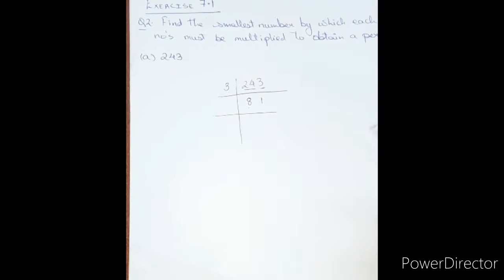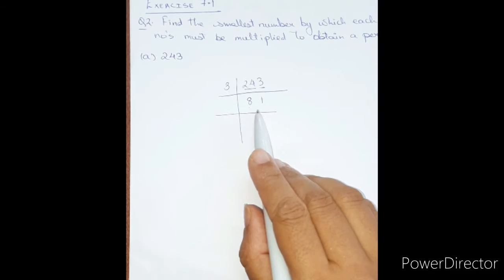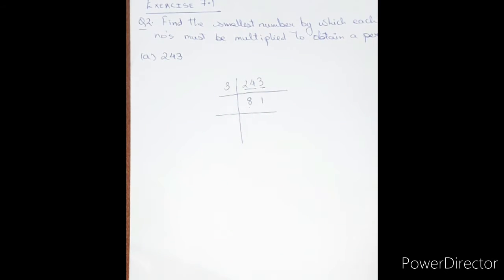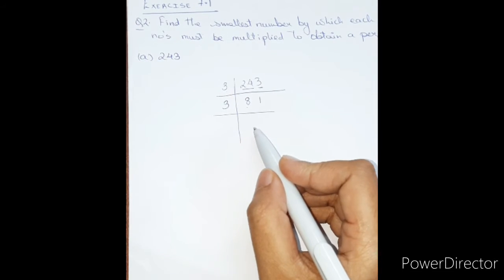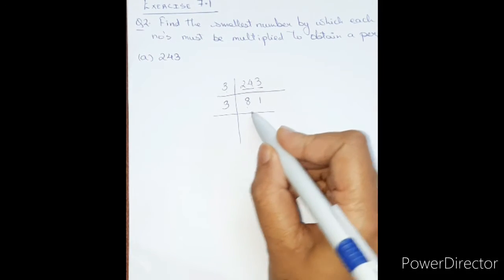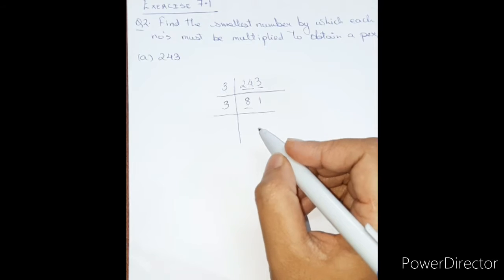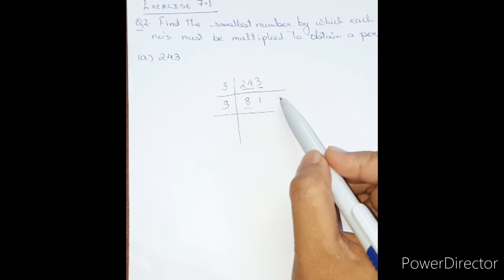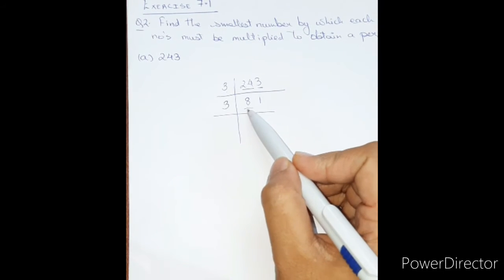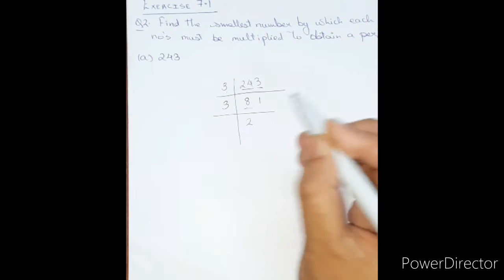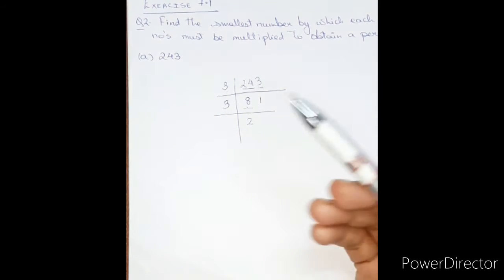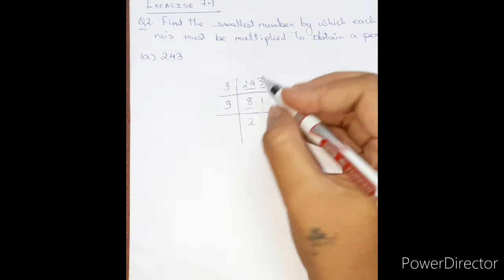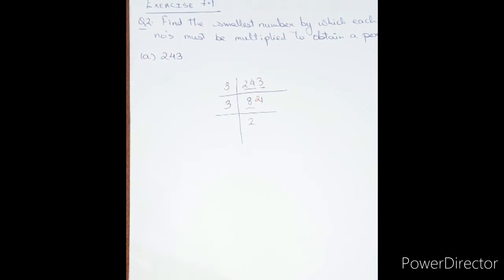Next, the number with us is 81. 8 plus 1 is 9. Yes, we can still take 3. So 3, how many times? Let's check. 3 1s are 3, 3 2s are 6, 3 3s are 9. I cannot take 9. I can take 3 2s are 6. Balance is from 6 count till 8: 6, 7, 8, 2 remaining, which I give to the next number.